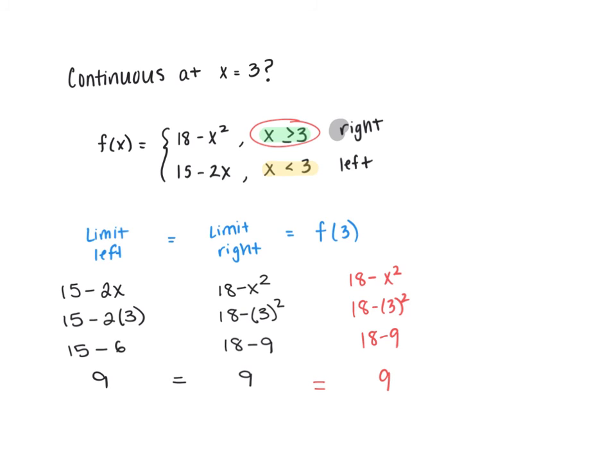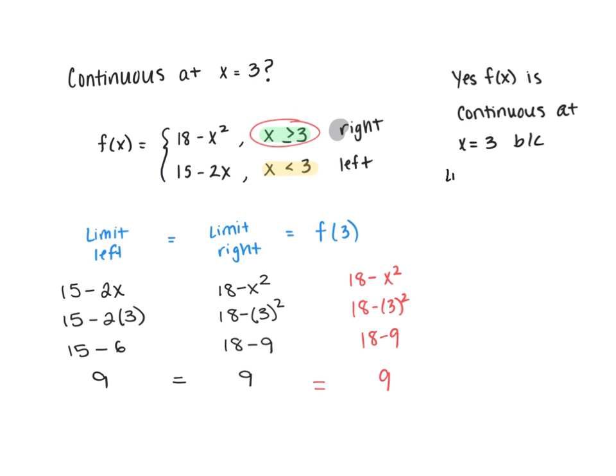So we can write a sentence that says, yes, f of x is continuous at x equals 3 because the limit from the left, so instead of writing it out, we can actually write it out in symbols.